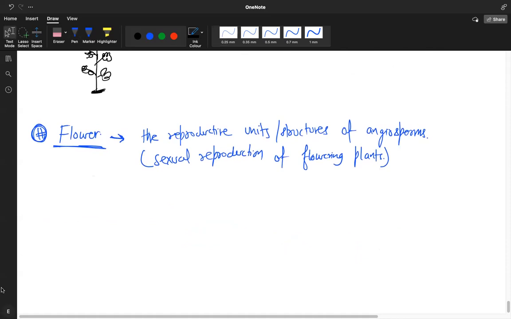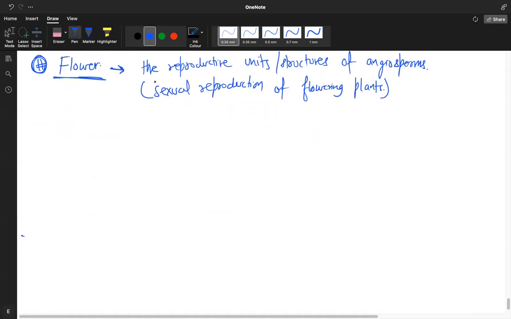So let's draw one, and you help me. You all know that flowers, at the base, have this swollen kind of structure, right? From which these green structures arise. Am I clear?